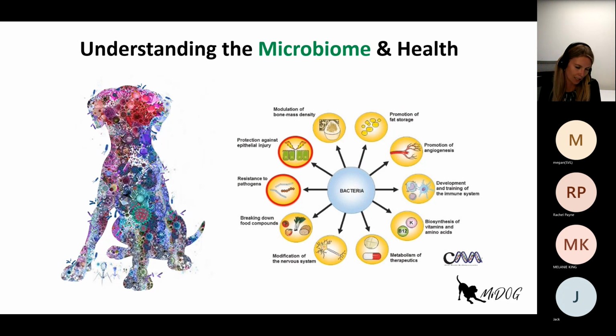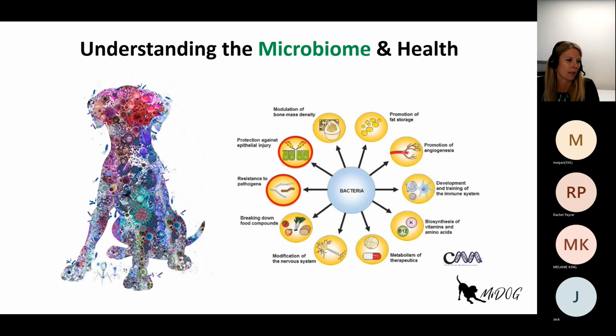They're involved in all aspects of health, from promotion of fat storage to how our metabolites are broken down, how we metabolize therapeutics and medication. They produce short chain fatty acids that keep our gastrointestinal lining really tight because the majority of those organisms do live in our GI tract, but we do not want them entering into our bloodstream and things like that.